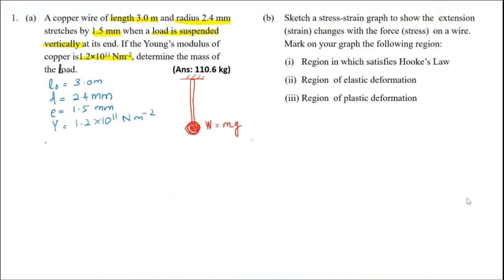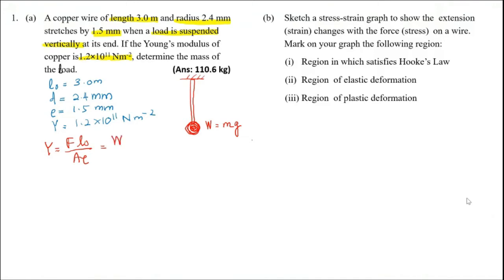We have Young modulus equal to F L naught per A times elongation, where in this case the force experienced by the copper wire is due to the weight of the load.